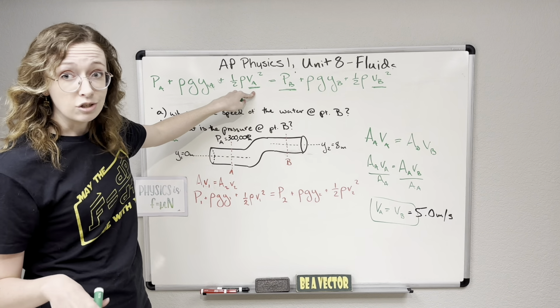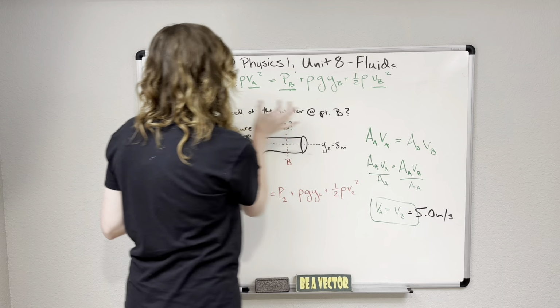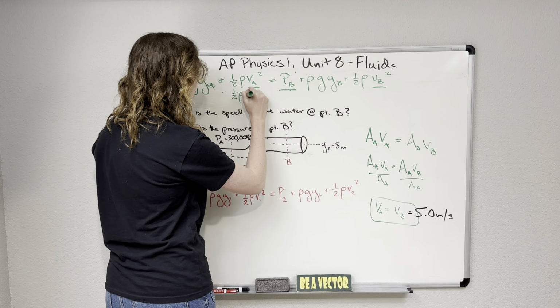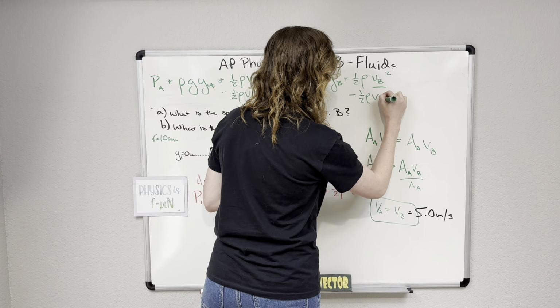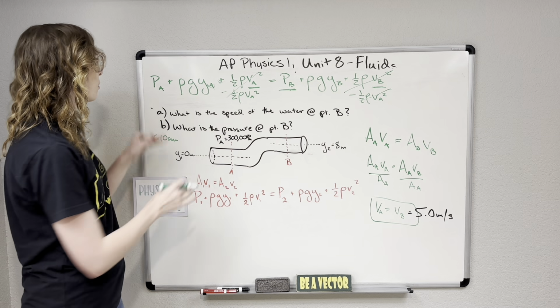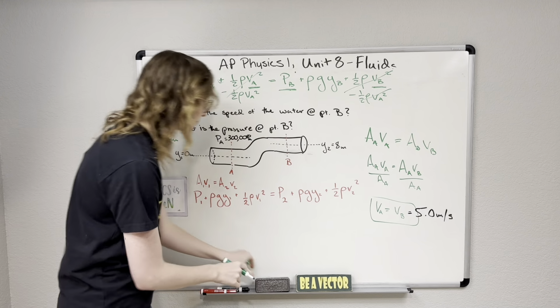Our velocity isn't changing, it's still 5 meters per second. So this term here is exactly the same as this term here. So if I subtract it from both sides, they end up canceling out and leaving us with 0. So now we just have 4 terms, which is so much less gross, thank goodness.